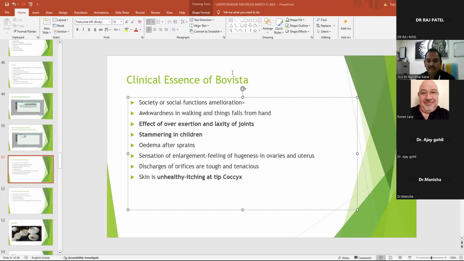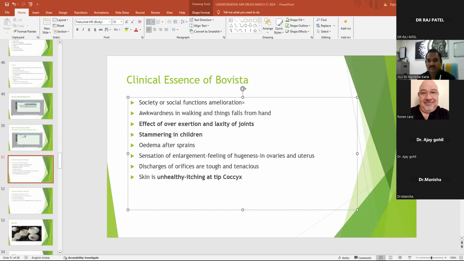Now, what is the main symptom of Helonias given in Kent's repertory? Who will tell me? Kent's repertory, Helonias.